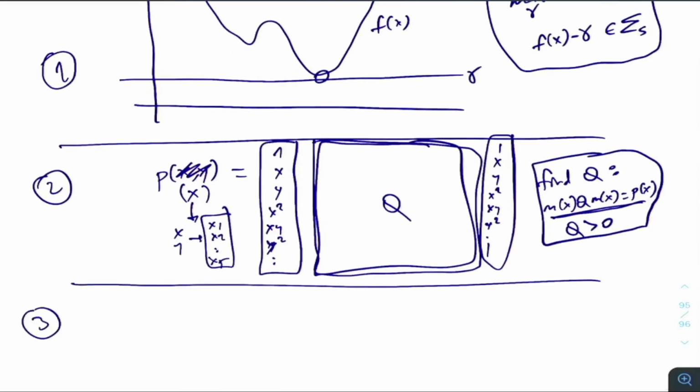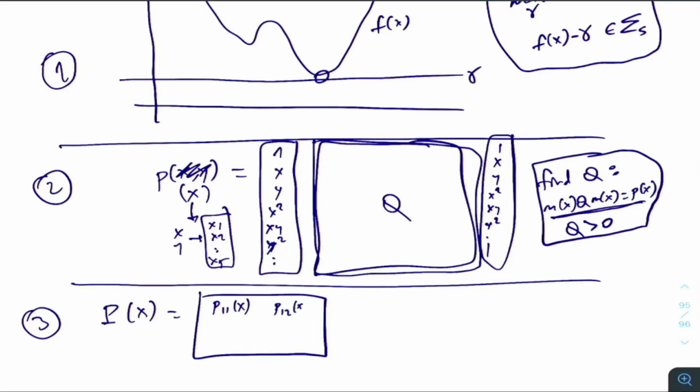The third problem will be a capital P of x. Again, when I say x, you can think of it as xy or x1 to xn. This is the hard example, because it has entries P11 of x, P12 of x, P21 of x, P22 of x.